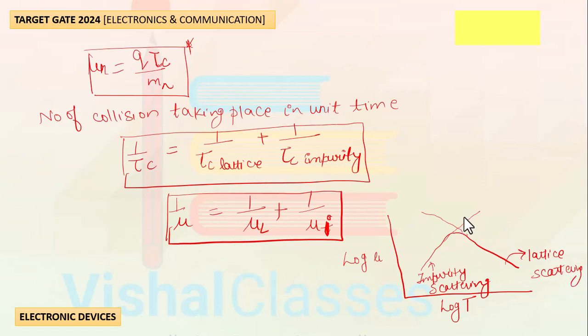Here, positive slope, impurity scattering varies as T raised to power 3 by 2. Here, negative slope, lattice scattering varies as T raised to power minus 3 by 2. Okay.